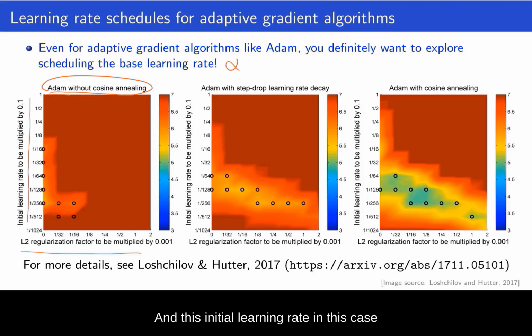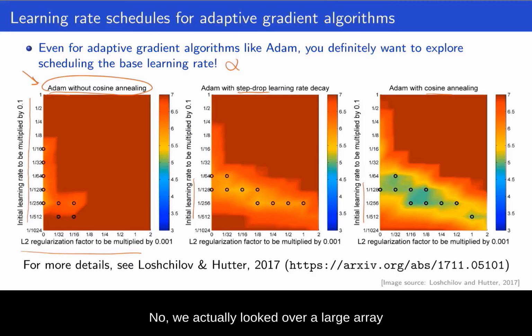in this case. And this initial learning rate here is just a fixed learning rate, whereas in this case of step drop, this initial learning rate is just the initialization of step drop. And here, Adam with cosine annealing, that's just the initialization of cosine annealing. And it is not the case that these learning rate schedules work better because they reduce the learning rate over time, and with Adam we only use too large learning rates or anything like that.